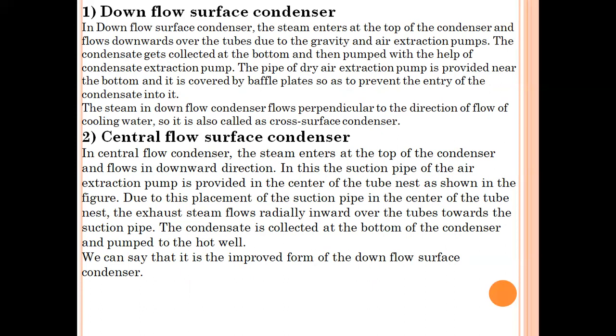As shown in the figure, due to this placement of the suction pipe, the exhaust steam flows radially inward over the tubes toward the suction pipe. The condensate is collected at the bottom of the condenser and pumped to the hot well. We can say that it is an improved form of the down flow surface condenser.